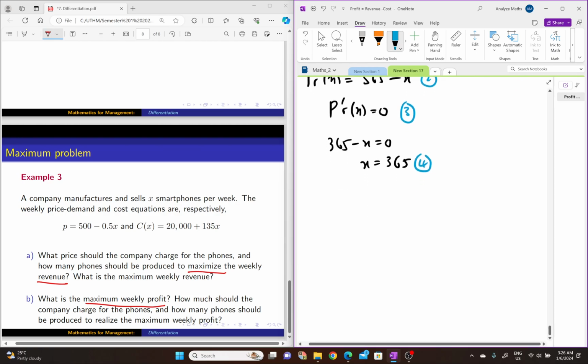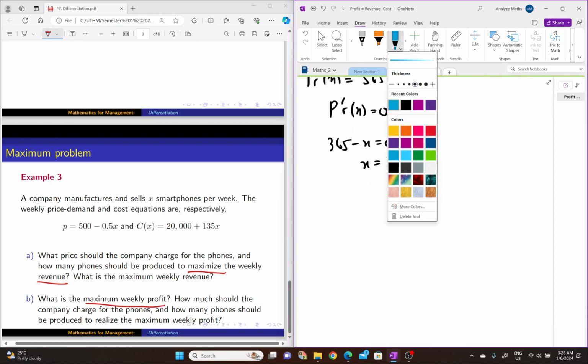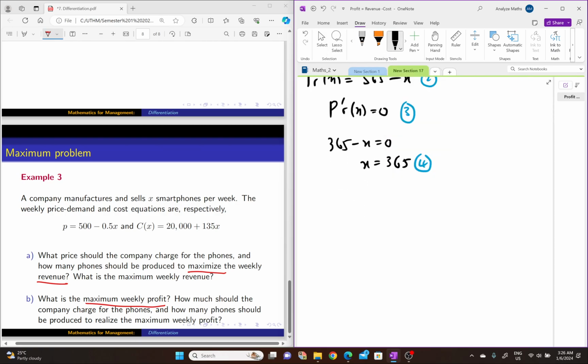And what you have to do now, the fifth step, is to prove that this quantity gives you the maximum profit. So second derivative test.